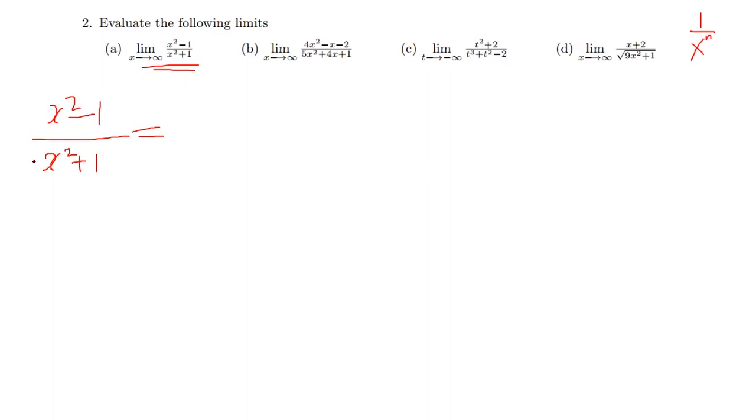It's by dividing all the terms in this expression by x squared. So when I divide x squared by x squared, and then minus 1 by x squared. In short, I'm dividing everything in this expression by the x which has the highest power, and in this case, the x which has the highest power is x squared. You do the same even on the denominator. So we're going to have something like this.